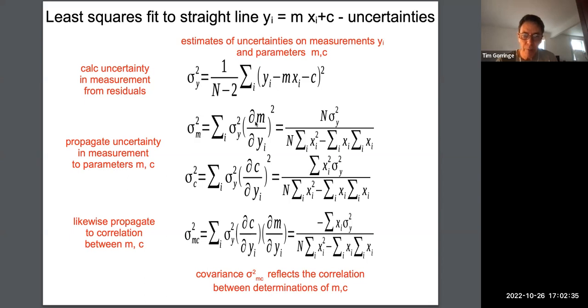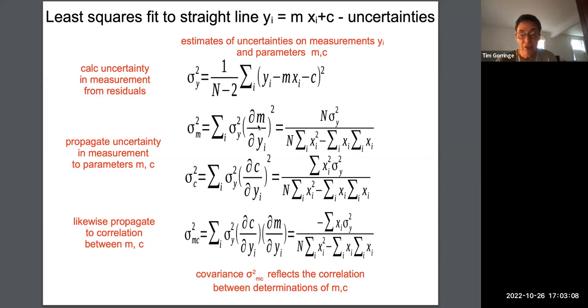And I'm just propagating them to uncertainties in the slope, m, or the offset, c, by multiplying these variances of y with the squares of the partial differentials of the slope with respect to y and the offset with respect to y. The partial differential of the slope with respect to y would be big if the slope is really dependent on y, and that would give us a bigger error.